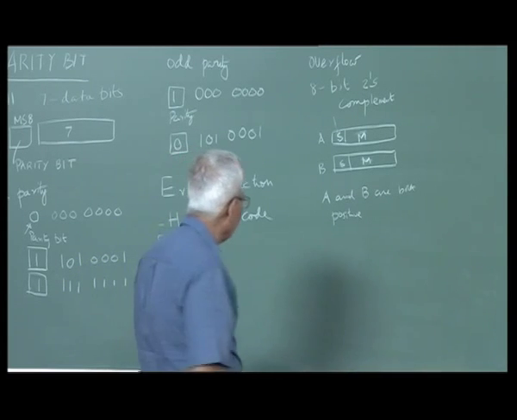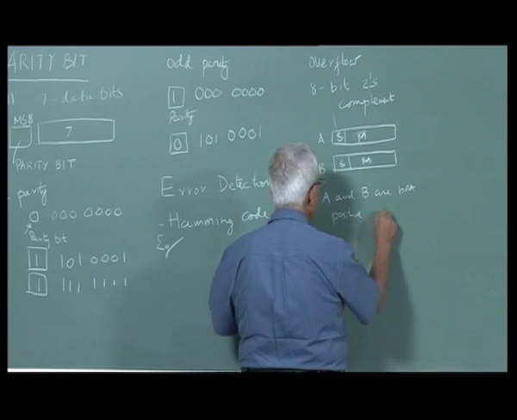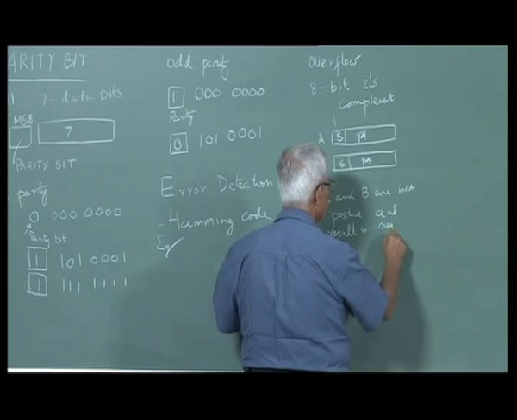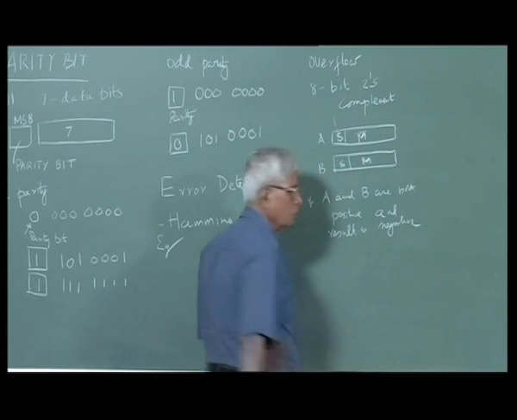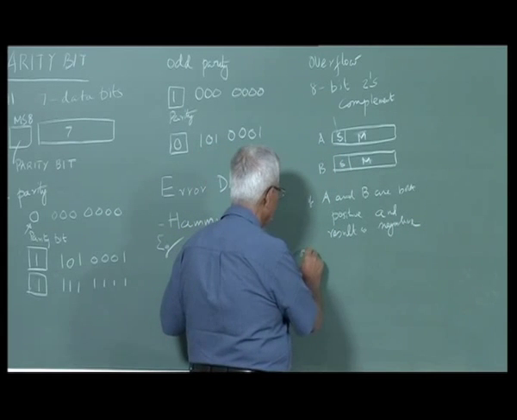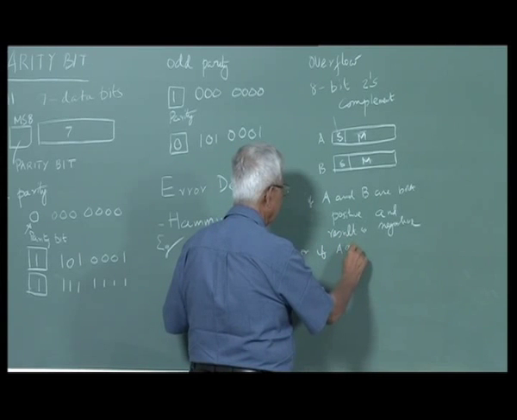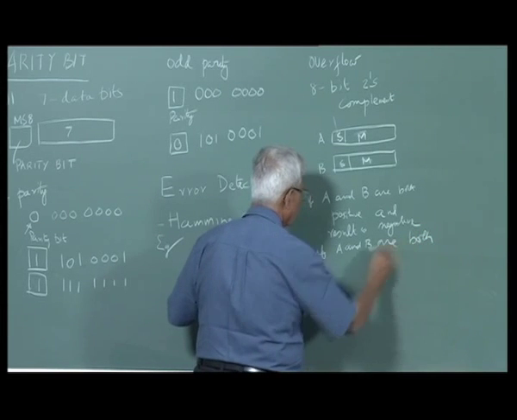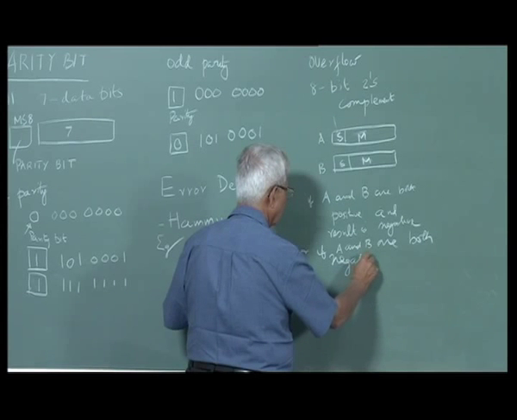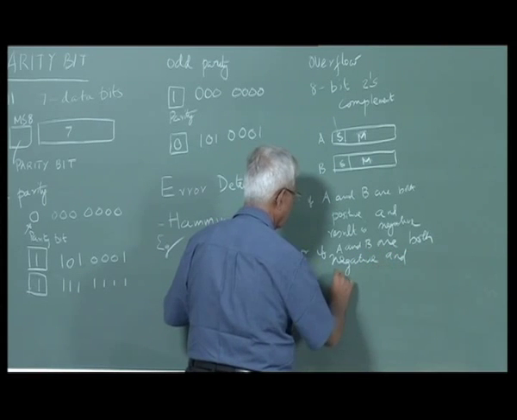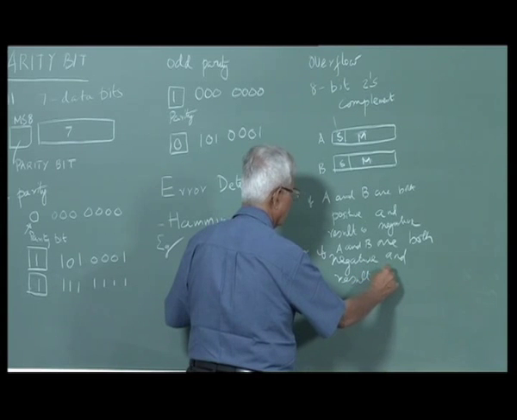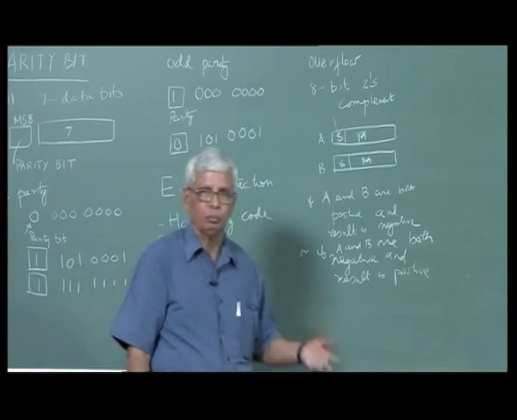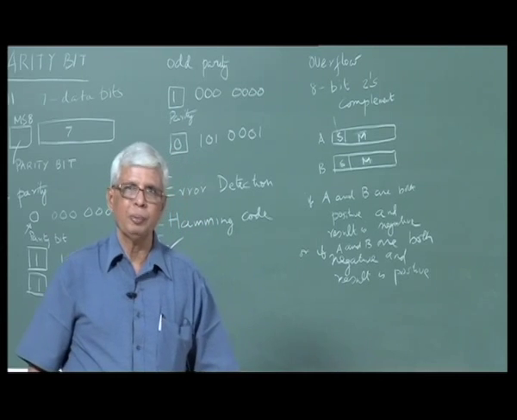So when A and B are both positive and the result is negative, or the other way, if A and B are both negative and the result is positive, this is also wrong. -1 plus -2 is -3, not positive, it cannot be positive.